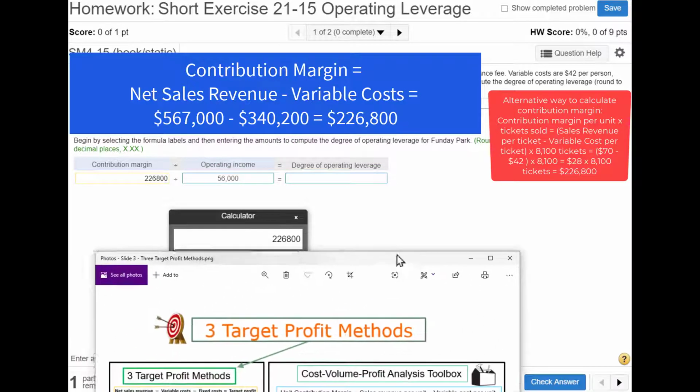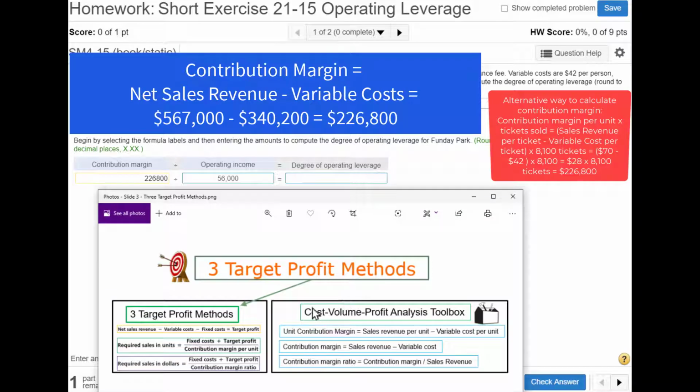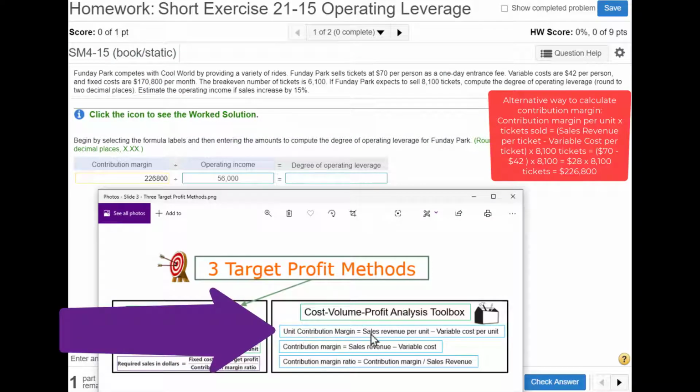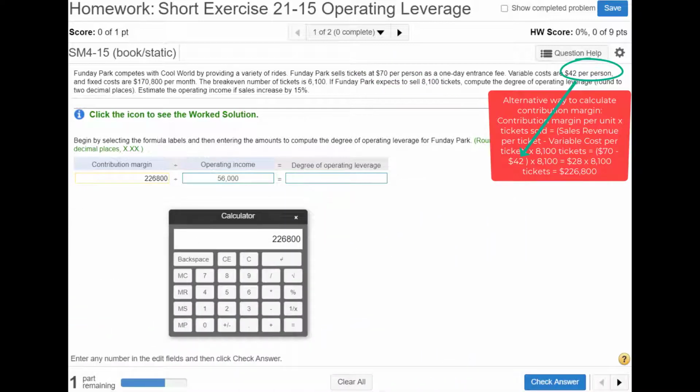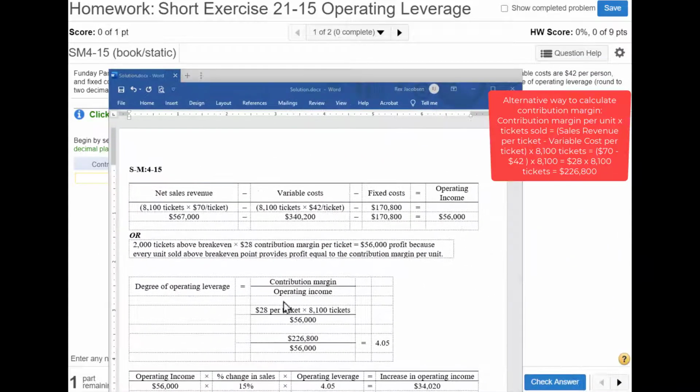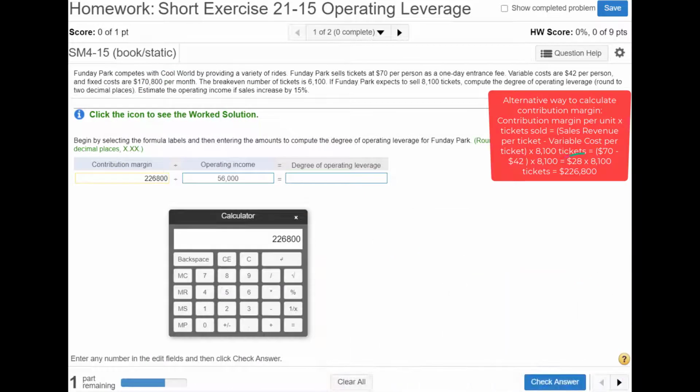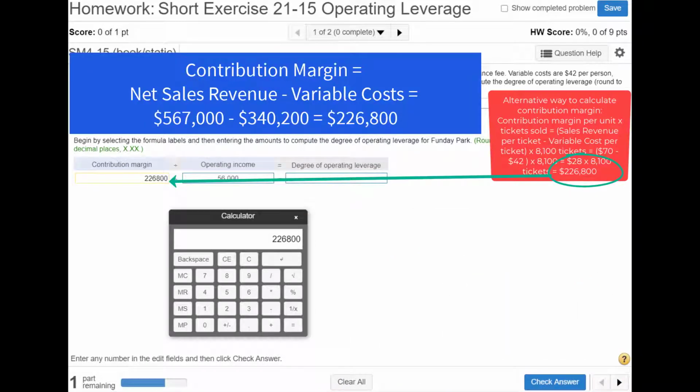An alternative way to calculate it is to use the unit contribution margin. You take the sales revenue per unit, which is $70, minus the variable costs, which is $42. That gives you $28 per ticket, times 8,100 tickets, which gives you the $226,800 of contribution margin. So you can calculate the contribution margin either way.